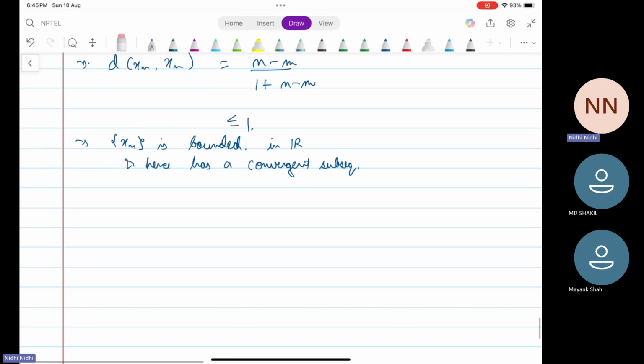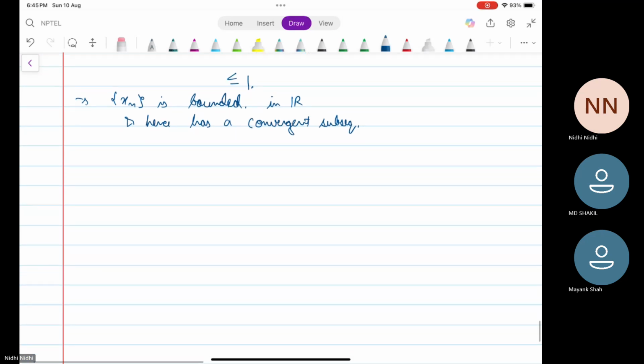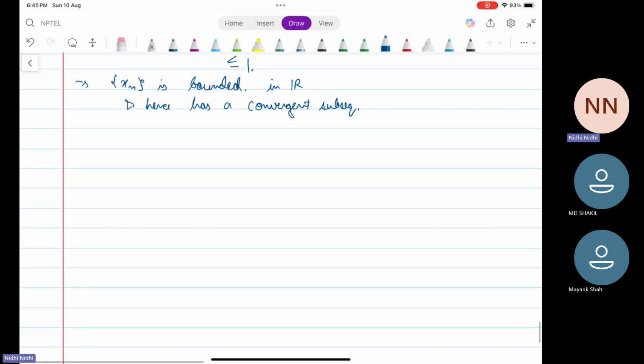The way we used to prove that every convergent sequence is bounded, similar to that. Hence it has a convergent subsequence, say x_{n_k}, so basically x_{n_k} is equal to n_k.